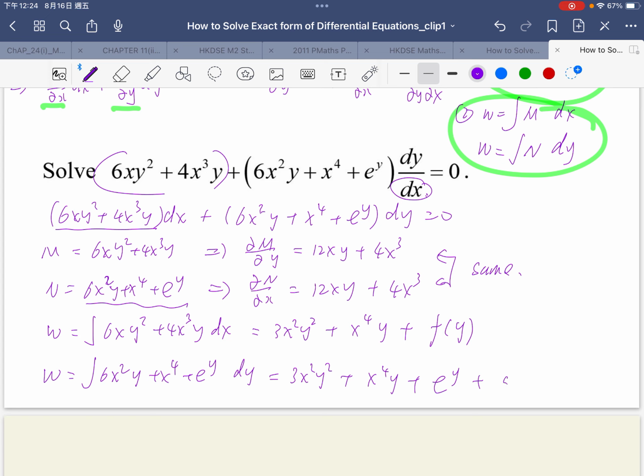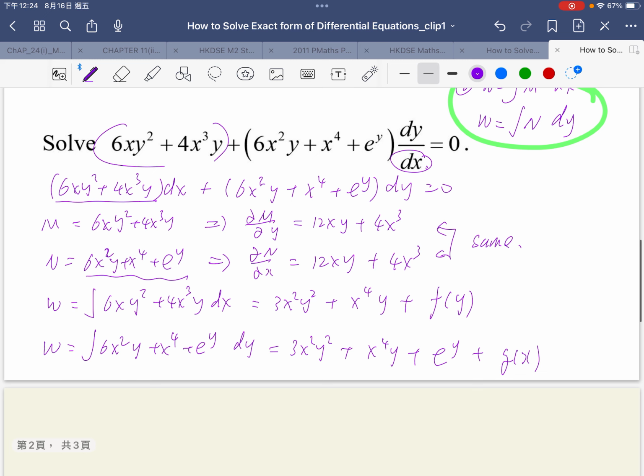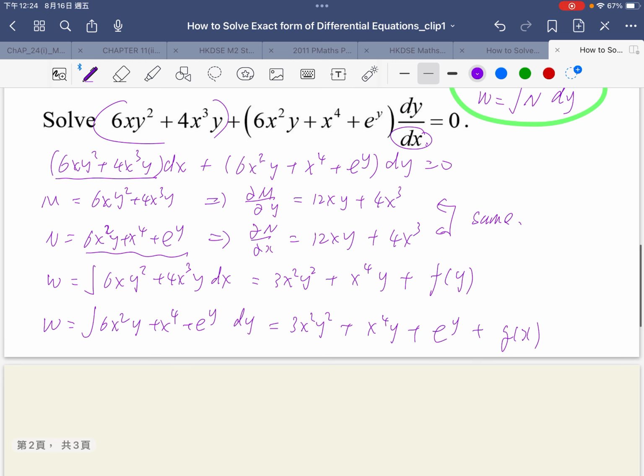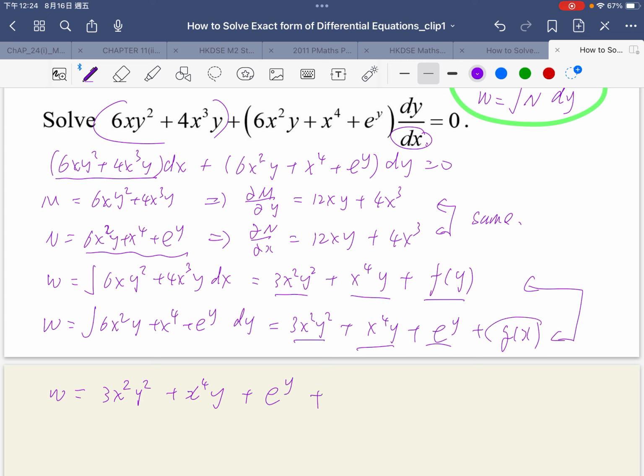The last part is e to the power y plus a function g(x). Okay, then compare these two functions. We can conclude the function of W. W should be this term we obtained, and this term, and also this term should be equal to this term, plus an extra constant.